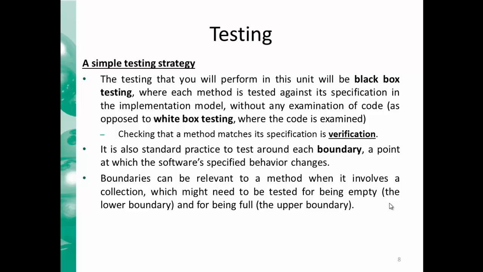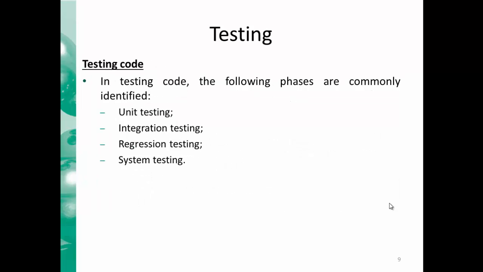Being empty is the lower boundary of the collection, and being full is the upper boundary of the collection. If I am testing some integer value, I will test around 0, a very big negative number, and a very big positive number. So I go to the lower boundaries and higher boundaries.